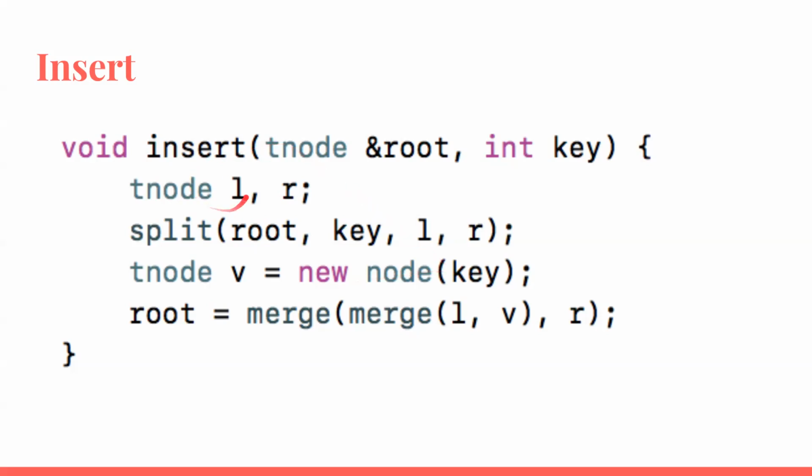So we are splitting it into L and R. Then we are creating a new node with key, and we are just merging it. Merge L with V and merge the result with R. Any questions about that?